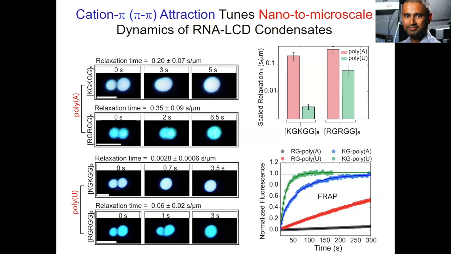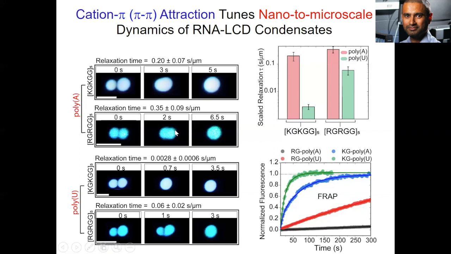But one thing I would like to point out here, and the importance of doing these measurements not only at one length scale, such as FRAP, but also fusion, is that if you just look at the profile, the black line here, which is arginine and poly-A, the profile suggests that there is almost no recovery, suggesting it is a gel-like condensate, which may not be true if you look at its fusion profile. The droplets undergo fusion at 350 millisecond timescale, which is pretty fast if you think about 2 gel-like droplets undergoing fusion.